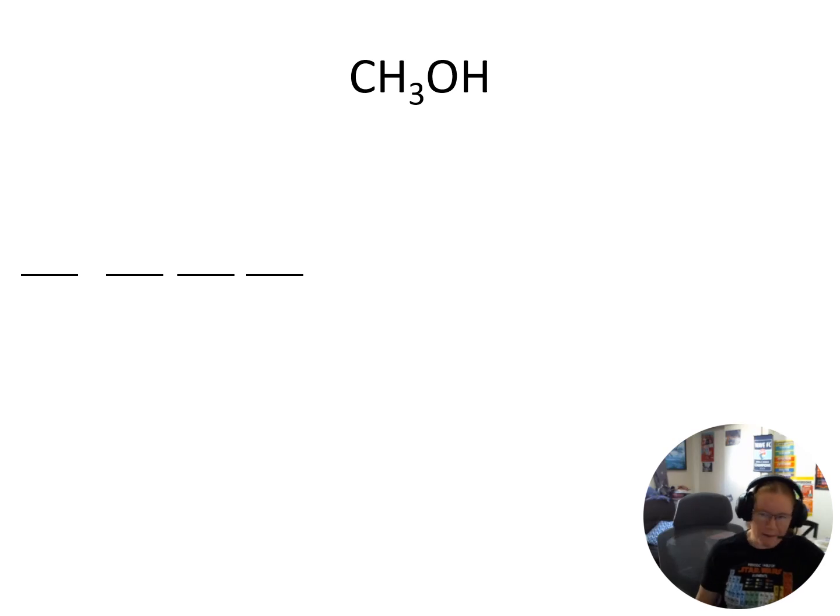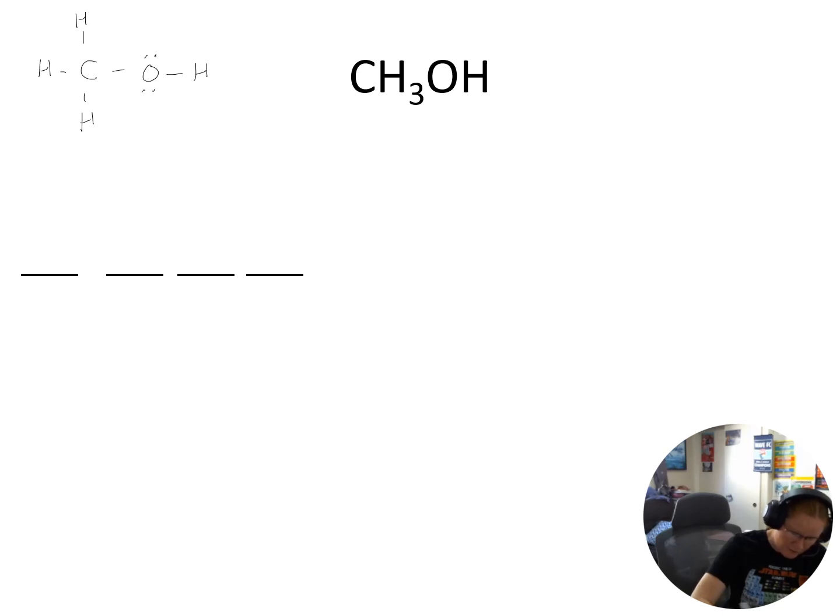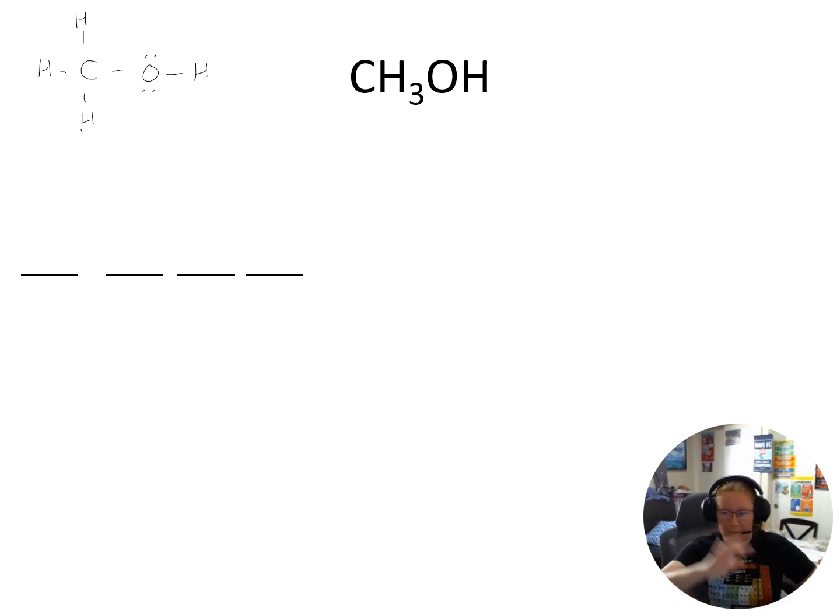So I have methanol here. So we'll draw a Lewis structure. Now methanol is interesting in that we're actually going to have to consider what's happening both from the perspective of the carbon and the oxygen. So hopefully you recall back to your prep chem classes where you can look at a molecule that has basically more than one central atom, because that carbon has 3 hydrogens and an oxygen around it, and that oxygen has got the carbon, a couple lone pairs, and a hydrogen.